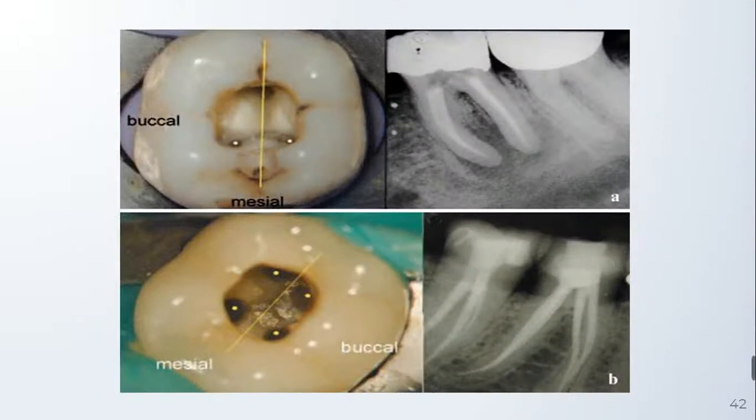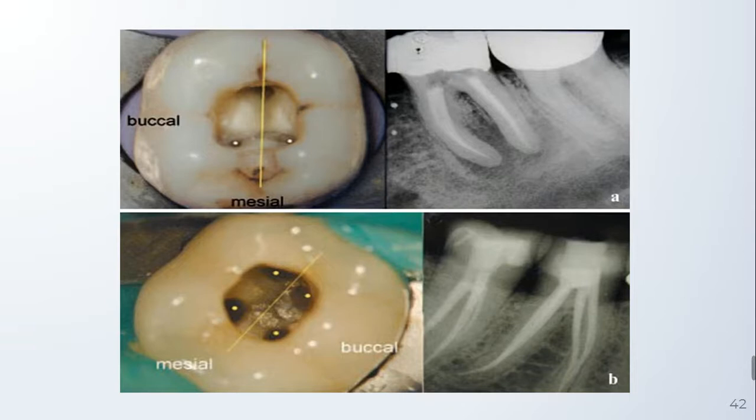So let me share with you some rules from Krasner. According to them, when a line is arbitrarily drawn from the mesial side to the distal side, the canals are perpendicular to this arbitrary line. This is called the law of symmetry.